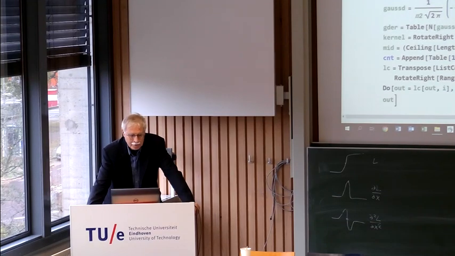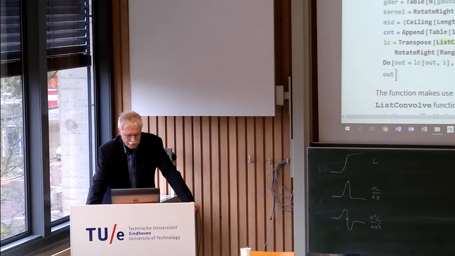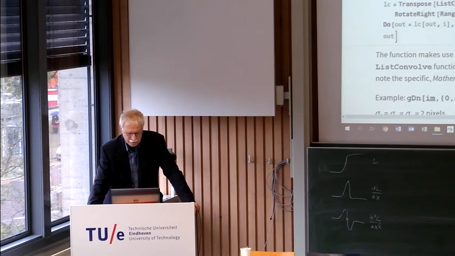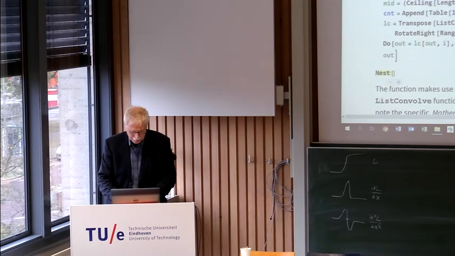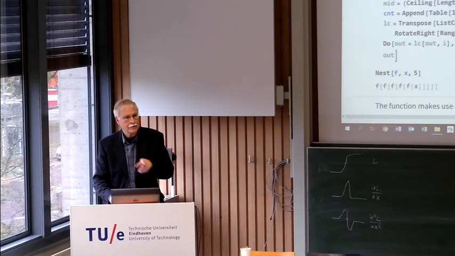It is actually the whole Gaussian, but it has a simple trick here, the function nest. And the function nest does it multiple times. So if I use this function nest and I say nest do f on x, do that 5 times, then you see I get f of f of f of f.